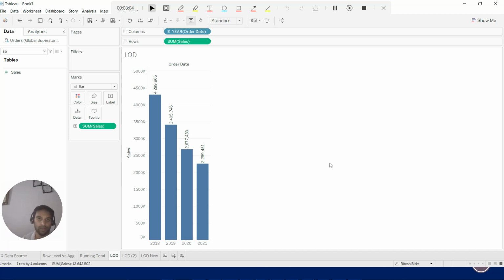But what I want is percent of total. That means this divided by the sum of these 4 figures over there, and that will give me percent of total, right?